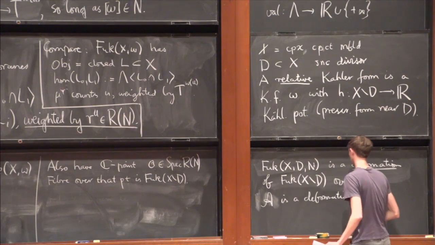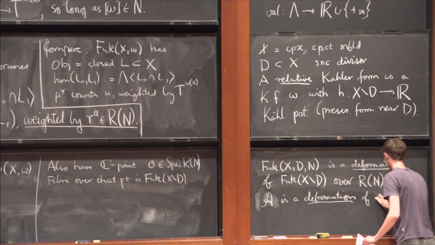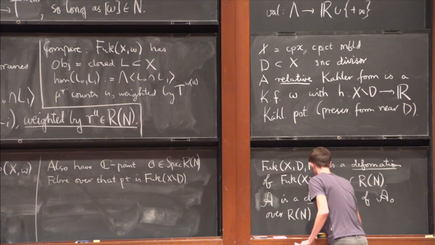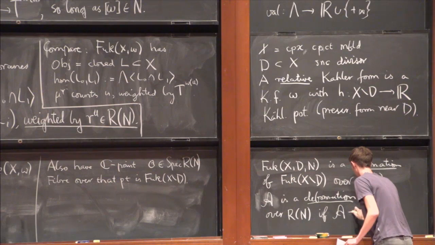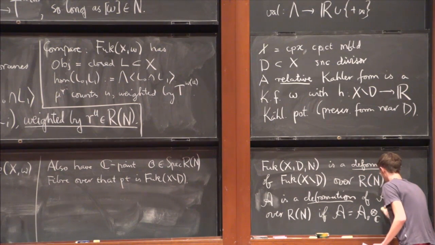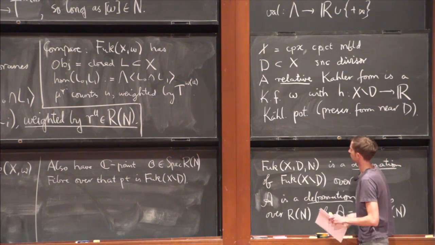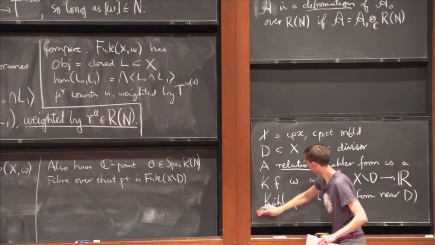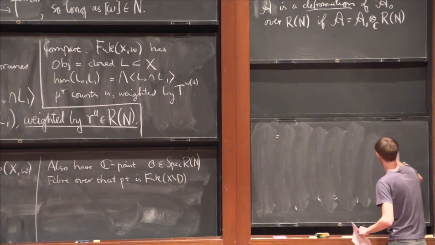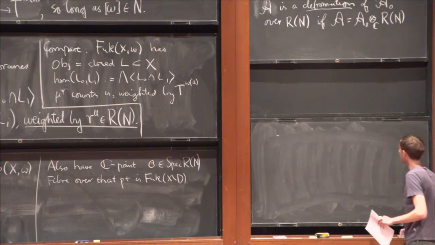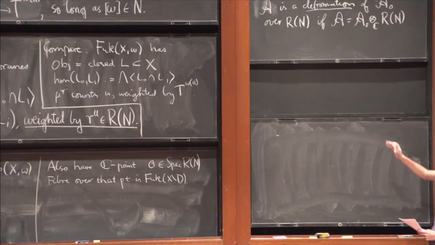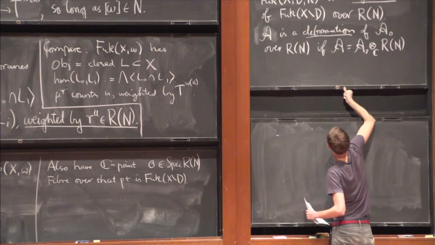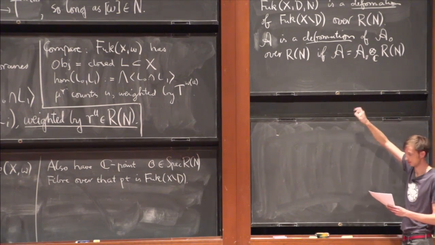So what do I mean by a deformation? A is a deformation of A naught, a C-linear category, over R of n if just on the level of morphism spaces, we just tensor with this ring.